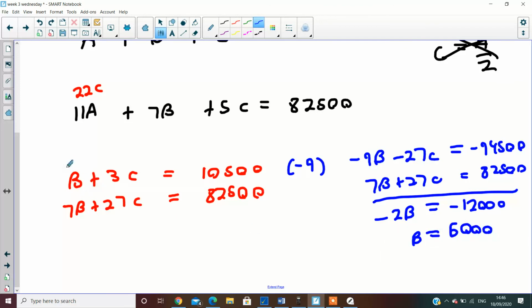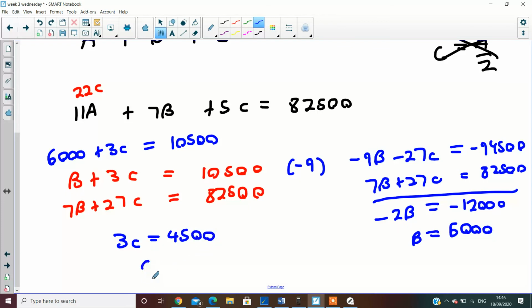If B equals 6,000 euro, what does that mean about 3C? 3C will equal how much? 4,500.